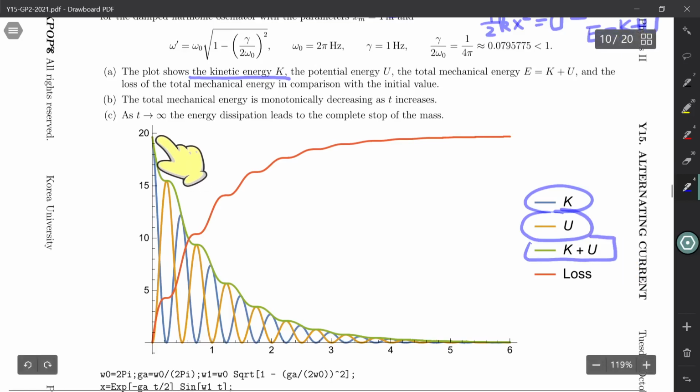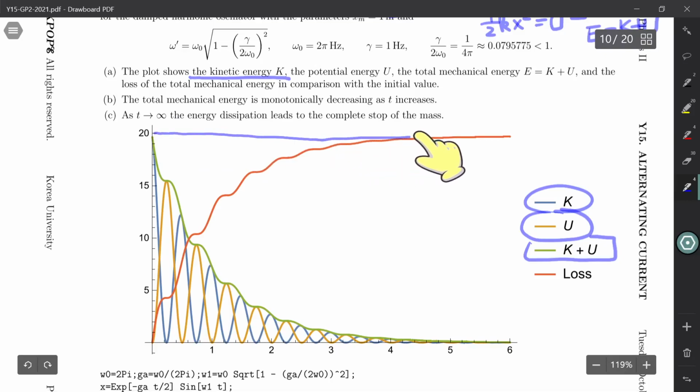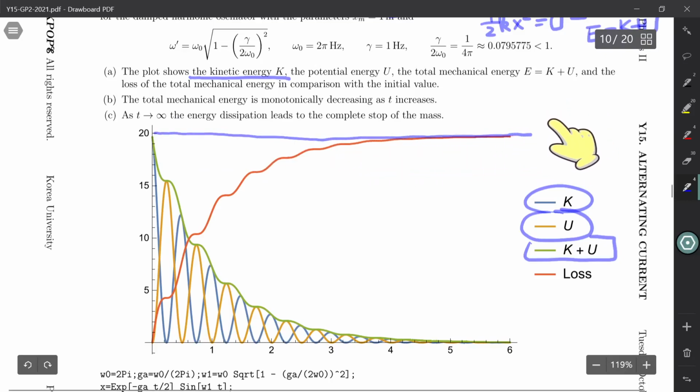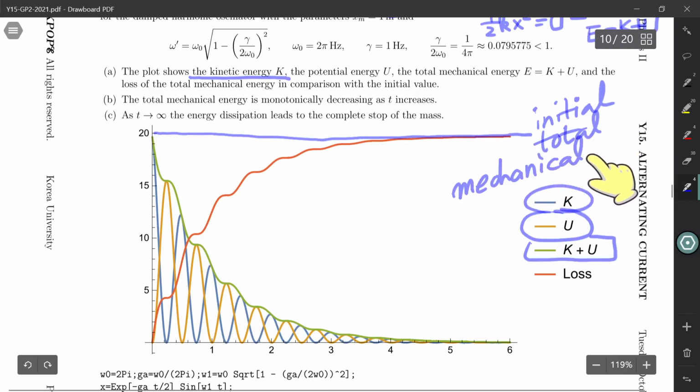The green curve is the total mechanical energy that decreases monotonically as time goes on, because this is the initial total mechanical energy. So the total mechanical energy decreases.